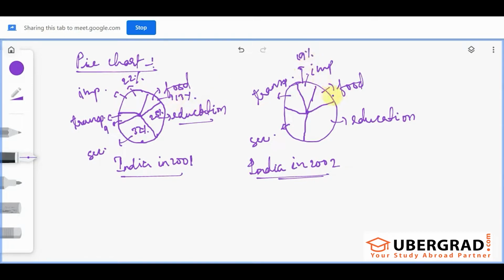Food has increased from 13 to 18%. Education has increased by 10% to 35%. And security has reduced from 32 to 28%. And transport has increased from 9% to, let's say, 14%.